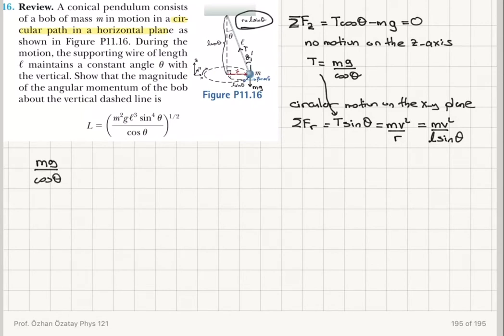So if I substitute for tension here, mg over cosine theta times sine theta is the radial force, equal to m v squared over L sine theta, and these m's cancel each other.